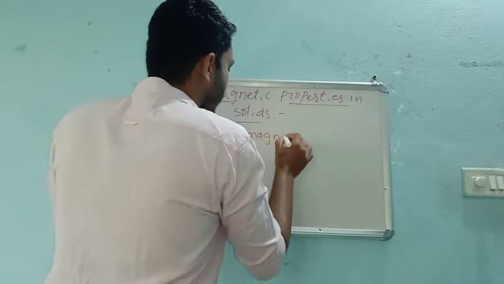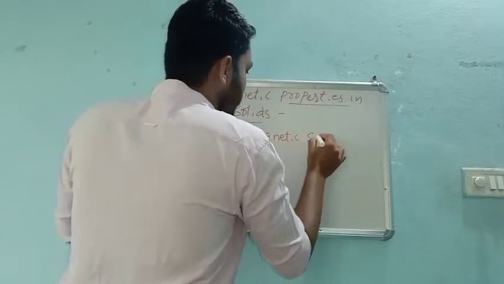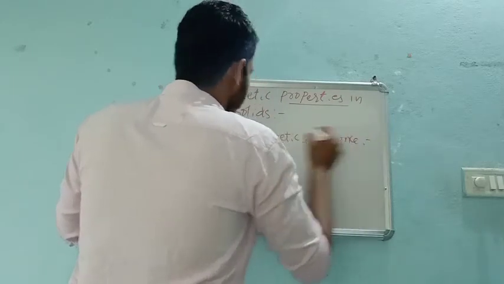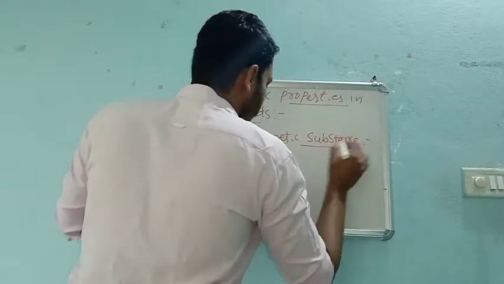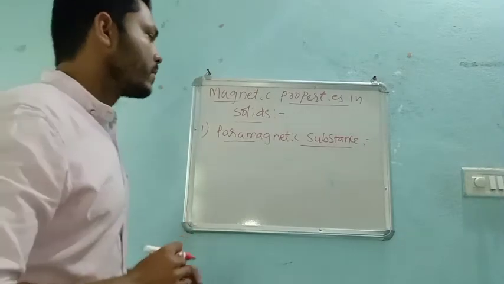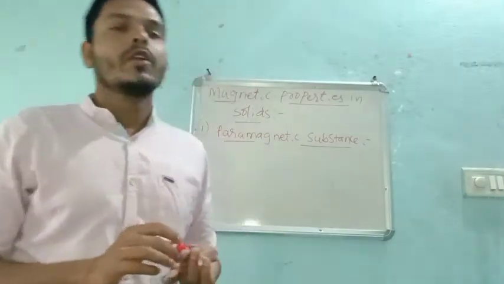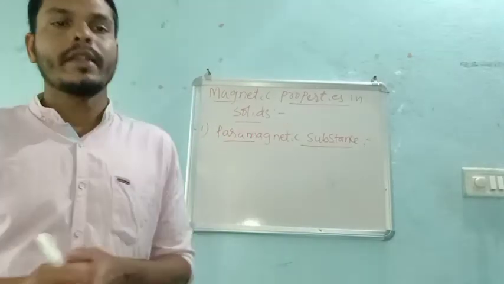So paramagnetic substances. You need to write what paramagnetism is, and then give one example, then only you can get 2 marks in this part, right?